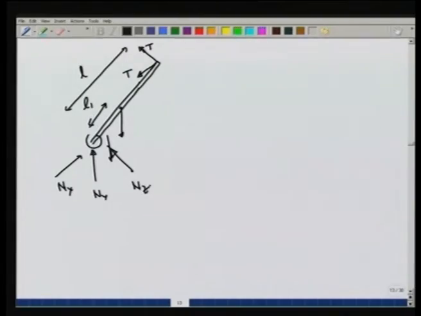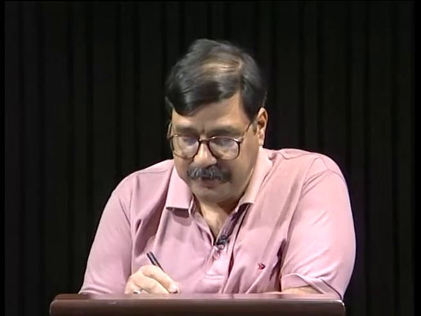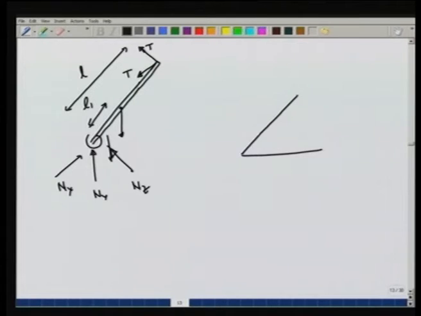So, let us first choose our axes x, y and z. We choose our axes in such a manner that the pole is in the y z plane, making an angle theta from the y axis.